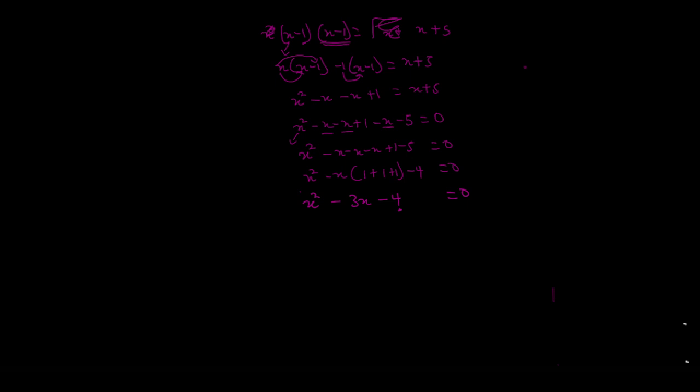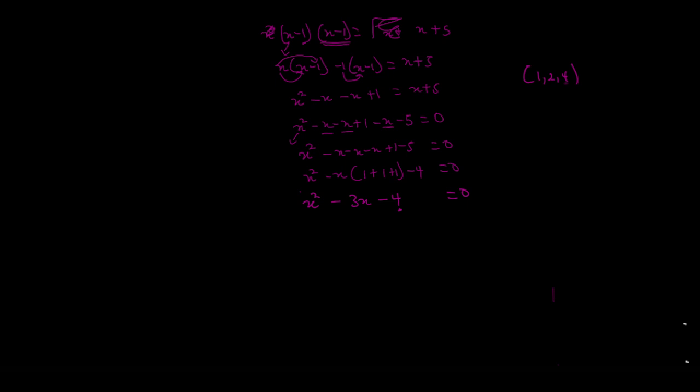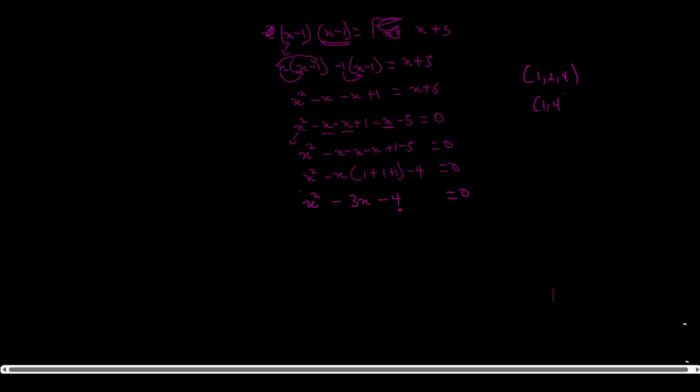So you try to lay down the positive factors first. You can later manipulate them. What are the factors of 4? 1, 2, and 4. But then you have to group them. So 1 times 4 is 4. So you can take 1 and 4. And then what again? 2 times 2 is also 4. 2 and 2, right?